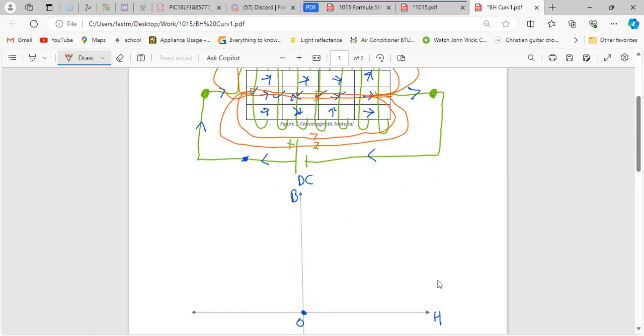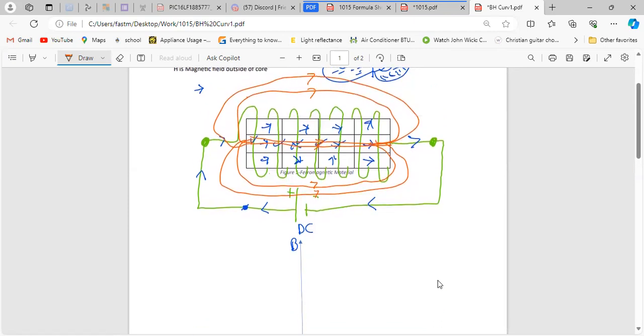In simpler terms, think of H as the flux outside of the core, which is what the dipoles will align to, and think of B as the flux density inside of the core. So H will influence B. The higher H is, the stronger B will be, and B is caused by the dipoles aligning in the same direction as the magnetic field outside of the core.